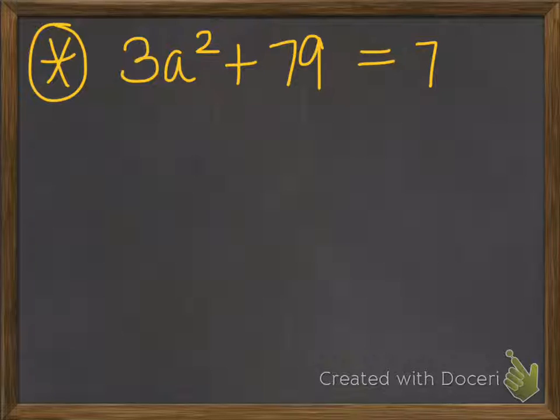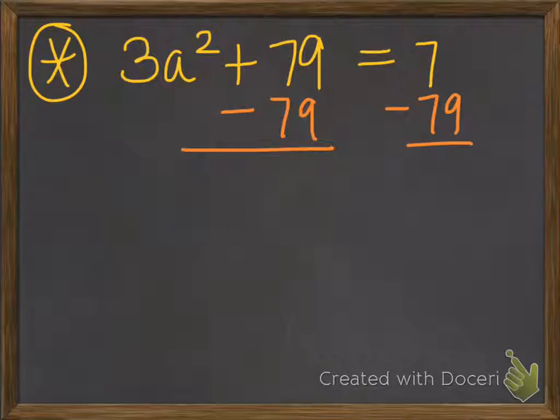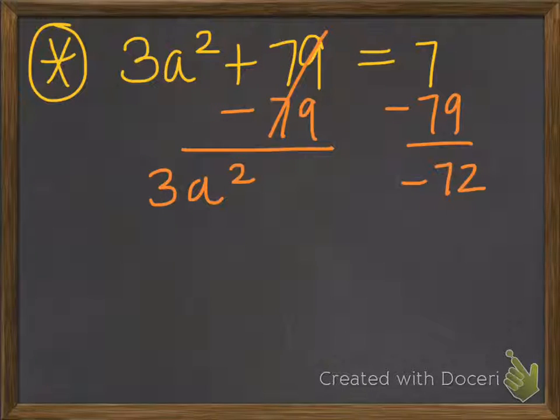Next, here you'll notice that we do not have a 0 on the right-hand side of this equation, but that's okay. We're going to solve this using square roots, and that means that I need to isolate the squared term first. So once again, I'm going to subtract 79 from both sides, which will give me negative 72 on the right, and on the left, 79 minus 79 is 0, and that gives me 3a squared equals negative 72.